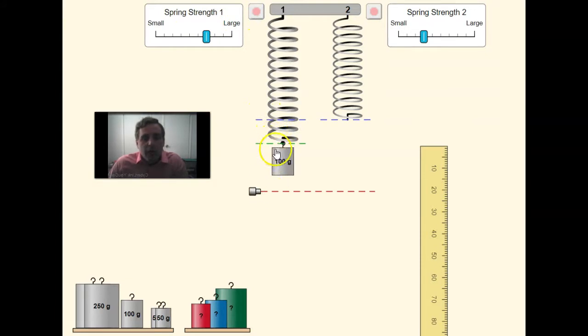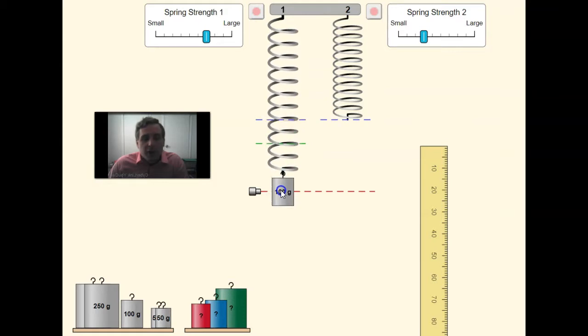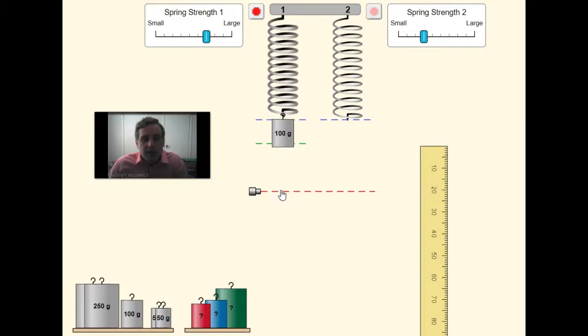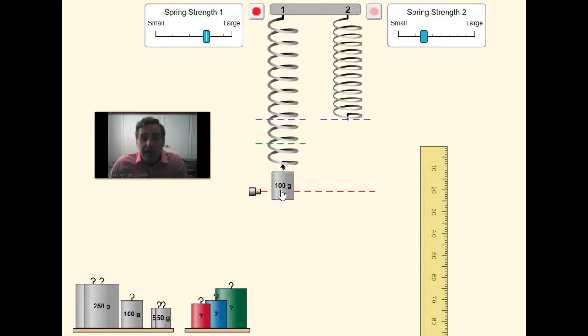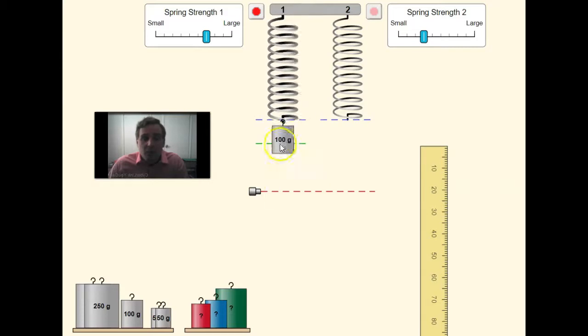Now notice that we're going to have a tighter spring. So let's go back to a similar elongation, and let's go ahead and see what the oscillation looks like. Okay, so it is more frequent. Okay, the period is indeed less. We saw this before. That should hopefully not be news to you.